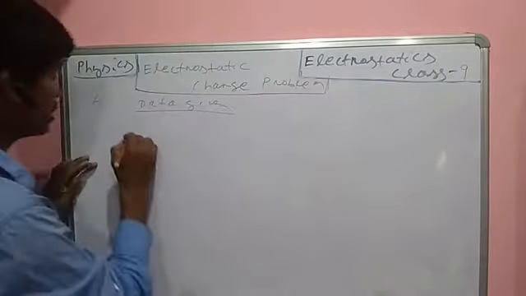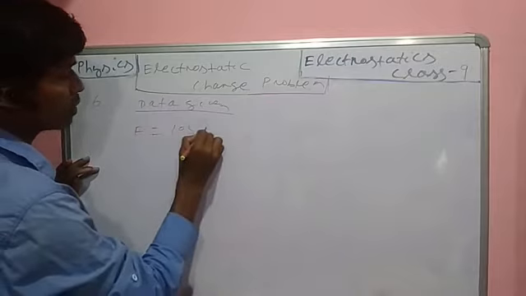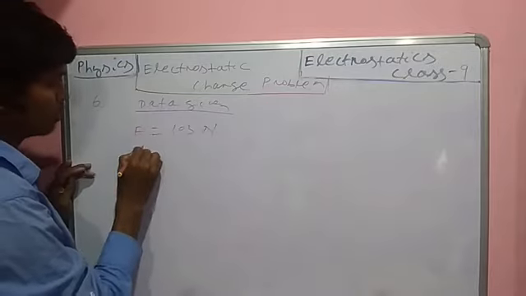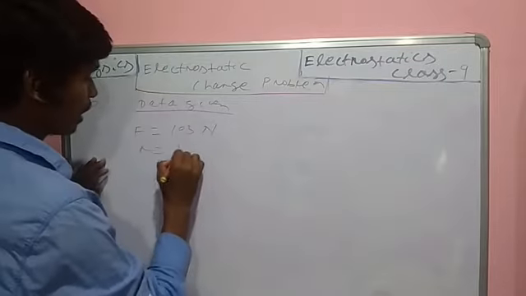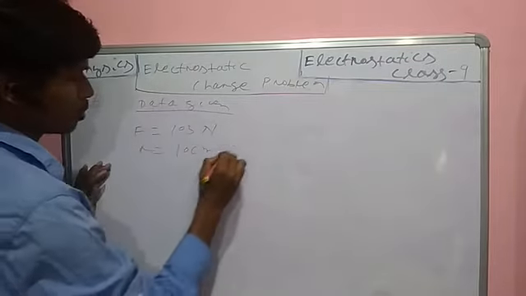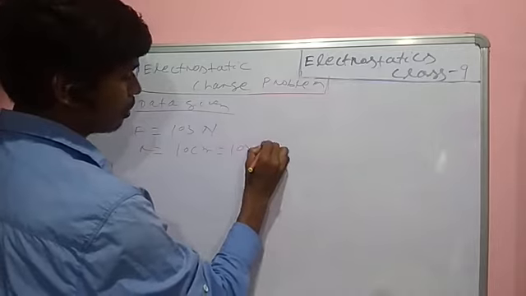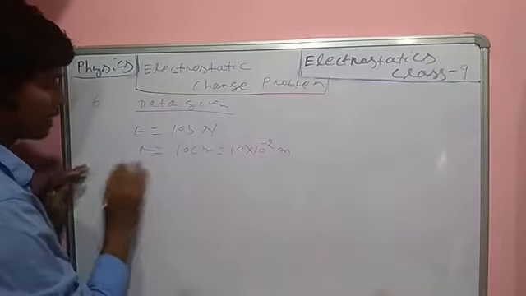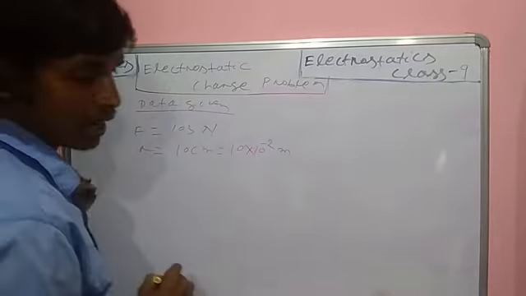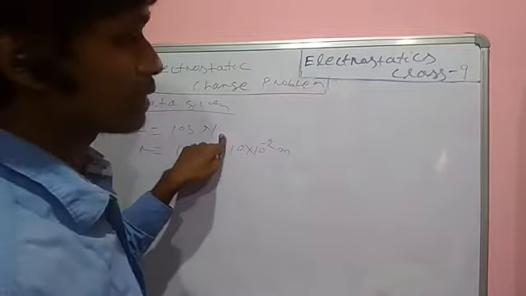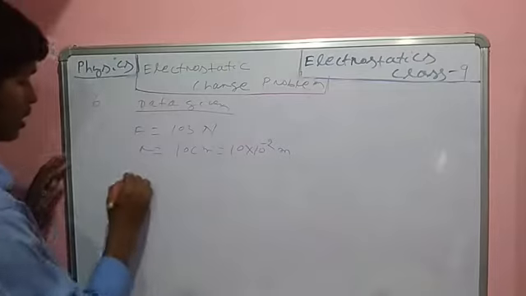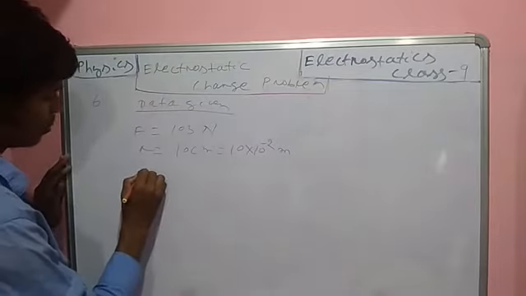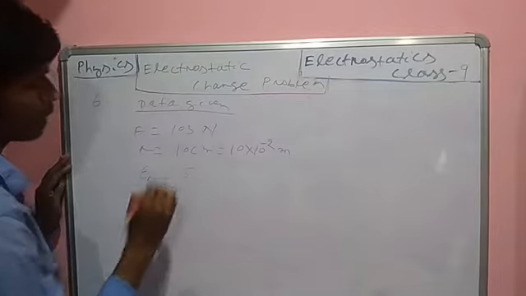The force is 10 to the power 3 Newton. The distance between the two similar charges is 10 centimeter, converted to meter, 10 to the minus 2 meter. The dielectric constant, that is the relative permittivity, epsilon R is equal to 5.